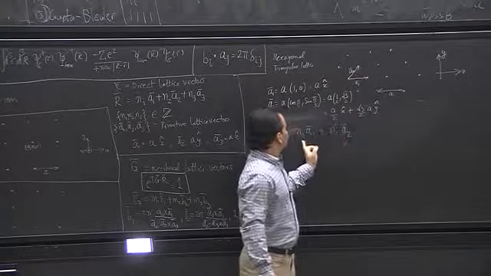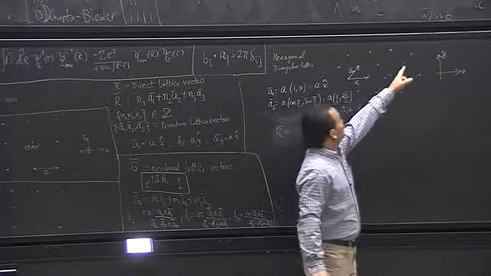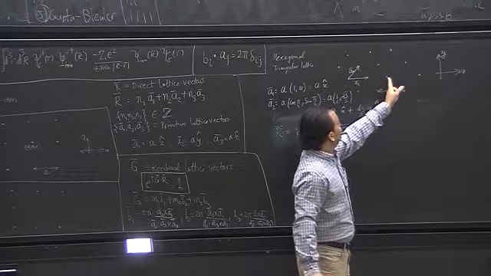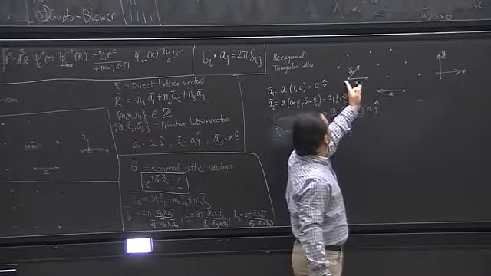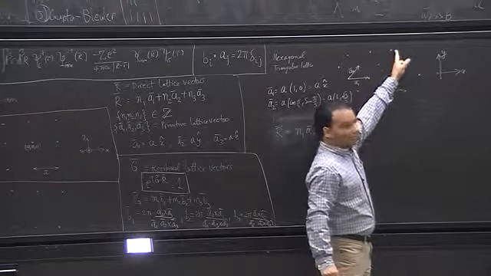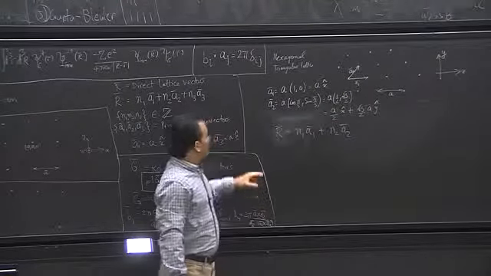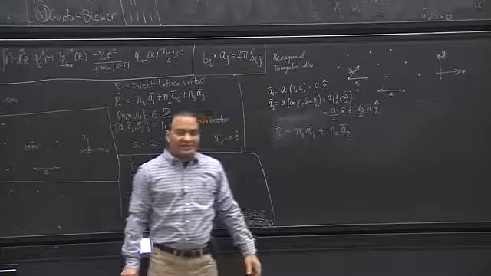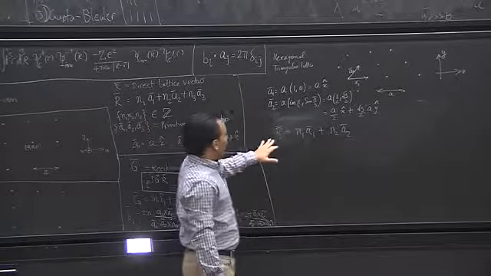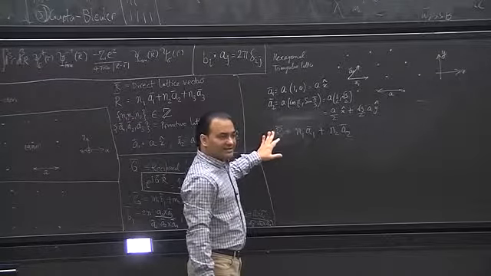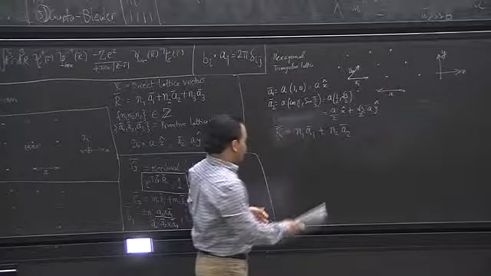This point is 0, 1. This point is 2, 1. This point is 1, 2, and so on. So choices of these integers n1 and n2 will ensure that these direct lattice vectors span this whole lattice.